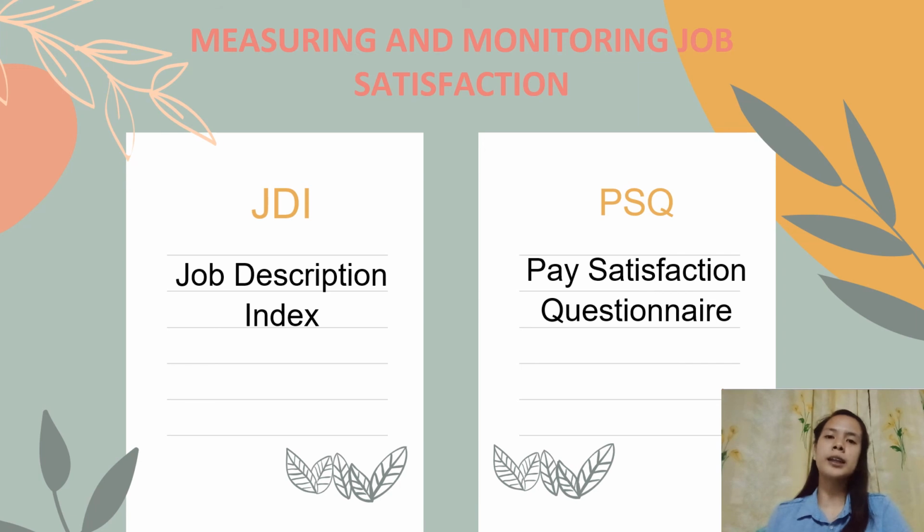The other one is the Pay Satisfaction Questionnaire. It focuses on more specific dimensions such as pay levels, benefits, pay structures, and pay rises. Thus, this measure gives a more detailed view of exactly what aspects of pay are most or least satisfying.